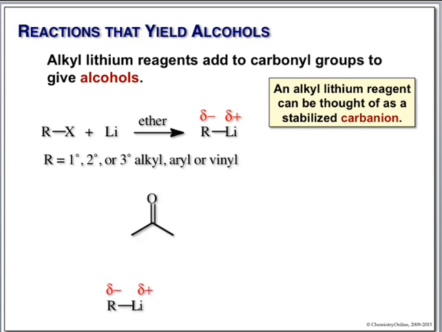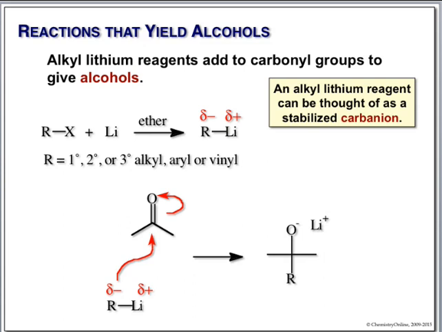If we take a carbonyl compound and an alkyl lithium, or aryl lithium, or vinyl lithium, whatever, just like a Grignard, the carbanion is going to be a nucleophile. We're going to add to form the alkoxide. When we take and we dump this into water, we protonate that and make our alcohol.